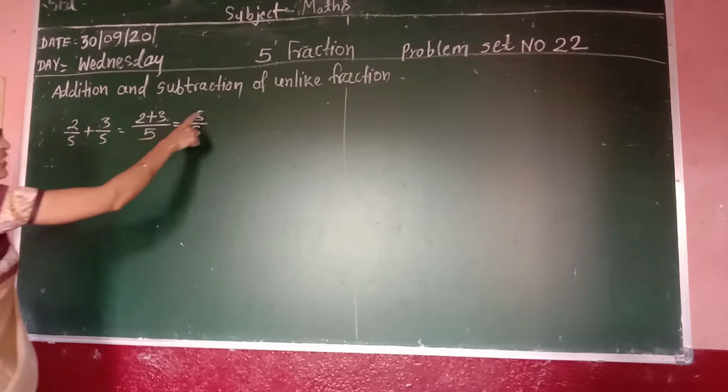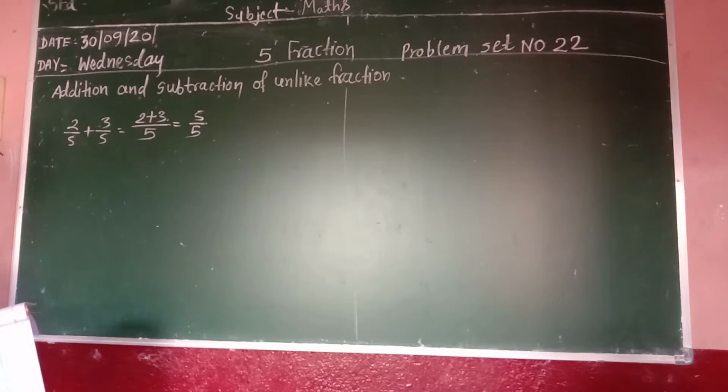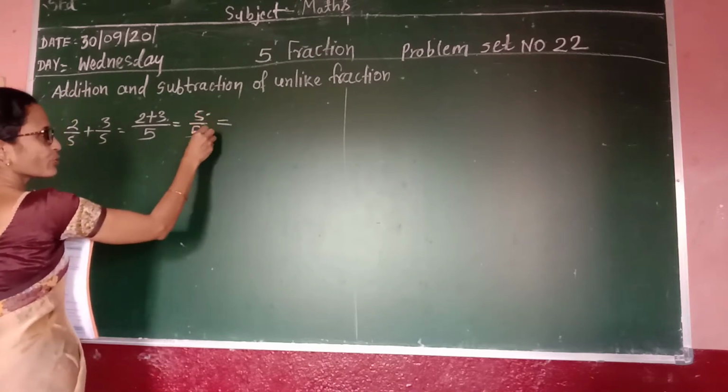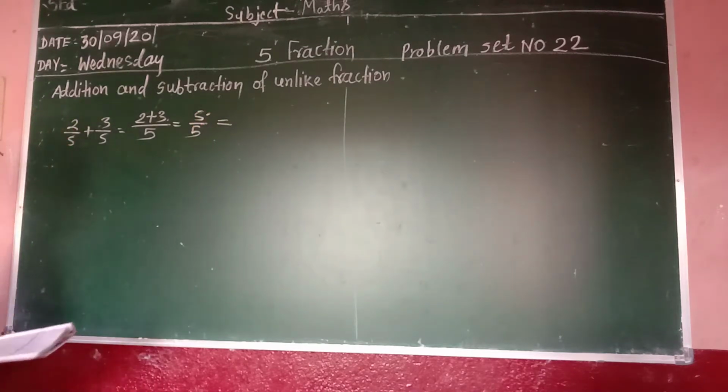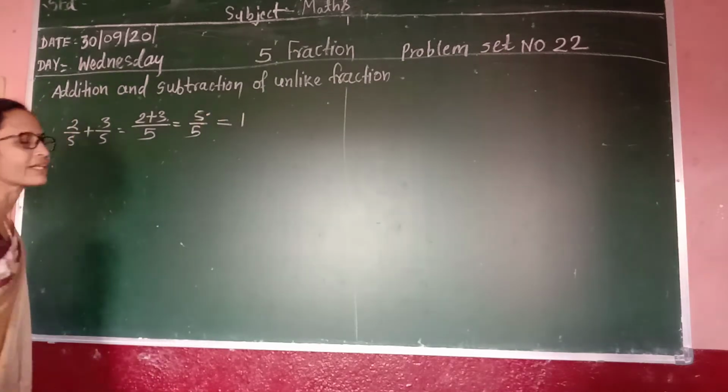If the numerator and denominator are equal, the fraction is equal to 1.